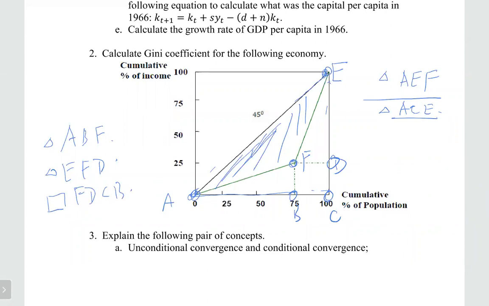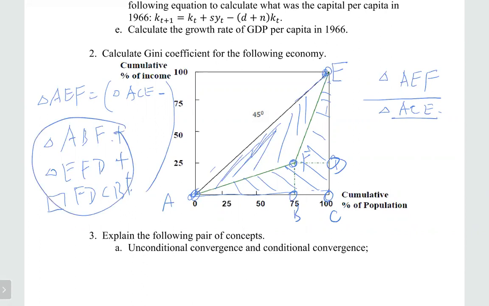Then that just gives you the region here. Then triangle AEF equals the big triangle ACE minus these three things together. So that gives you the Gini coefficient.